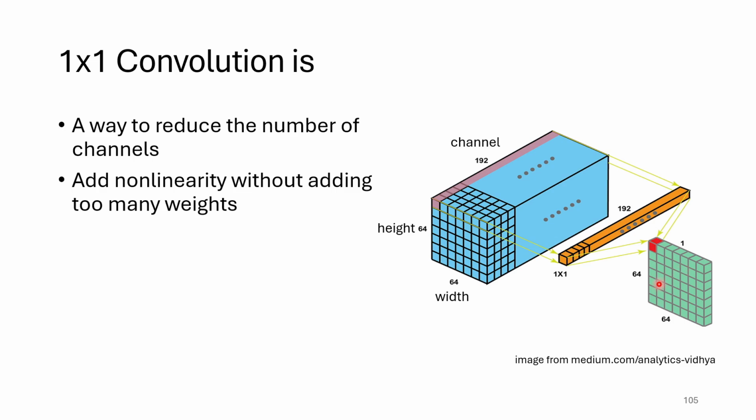So what does it mean? In this example, you only use 192 parameters, but you can increase the nonlinearity in a layer. So you don't need to spend too much, just a few parameters.